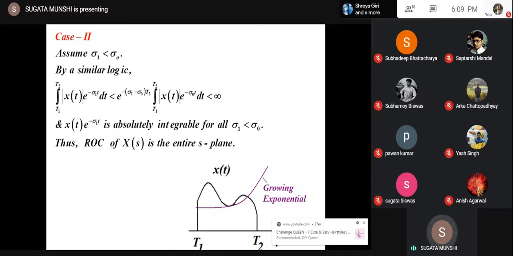Therefore, the region of X(s) will be the entire S plane, because x(t) e to the power minus sigma t will be valid for all possible sigmas. So it will cover the entire S plane.